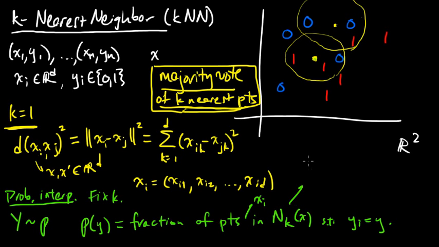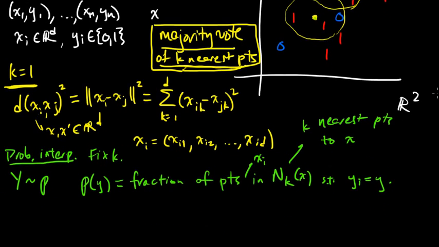So here N_k(x) is the k nearest points to x. We're working with a particular x, so this depends clearly on this data and on x. To make that dependence at least explicit, sometimes people write it as though it were a conditional probability.